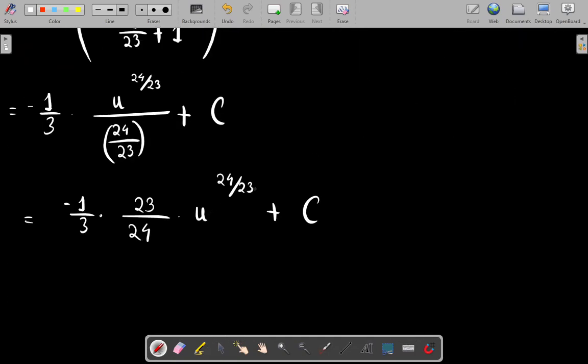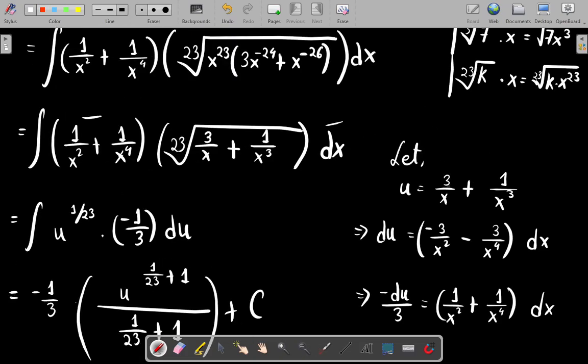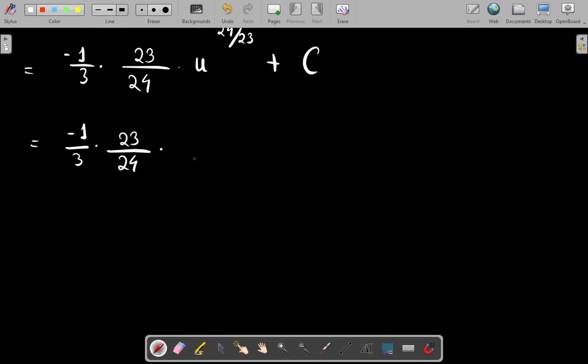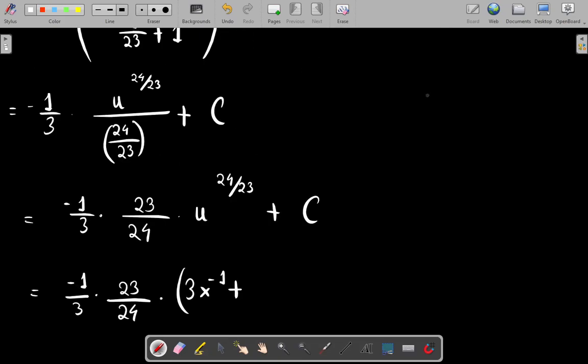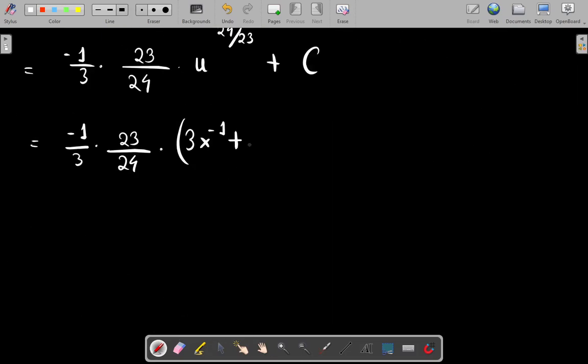So if I do this substitution again, this now becomes minus 1/3 times 23 upon 24 times, this u is nothing but 3 upon x. 3 upon x can be written as 3 x to the power minus 1 plus, this is x to the power minus 3, right? 1 upon x cube, whole raised to the power 24 by 23.